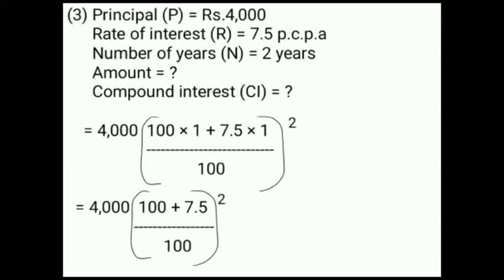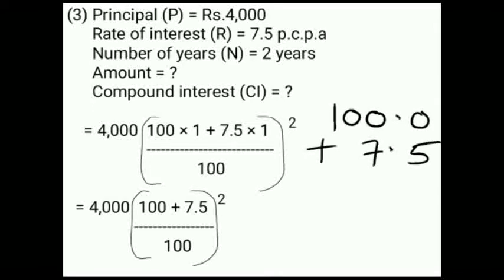Now you have to add this 100 plus 7.5. Number 100, you don't have the decimal point, so you have to take 100.0 plus 7.5. You have to arrange like this.